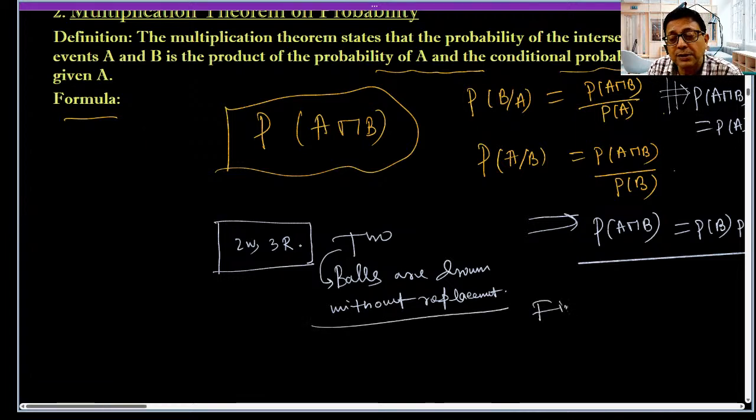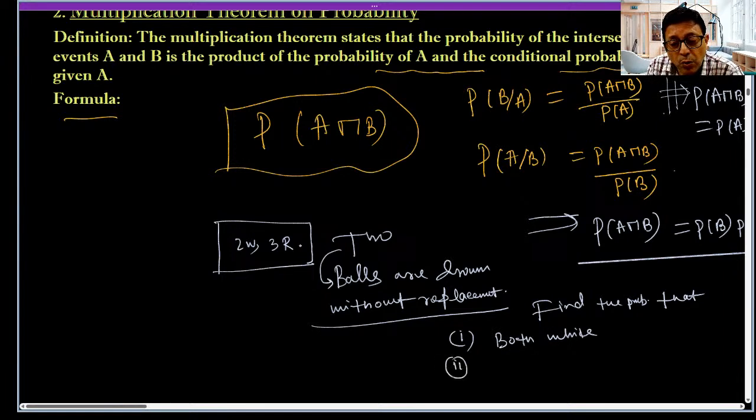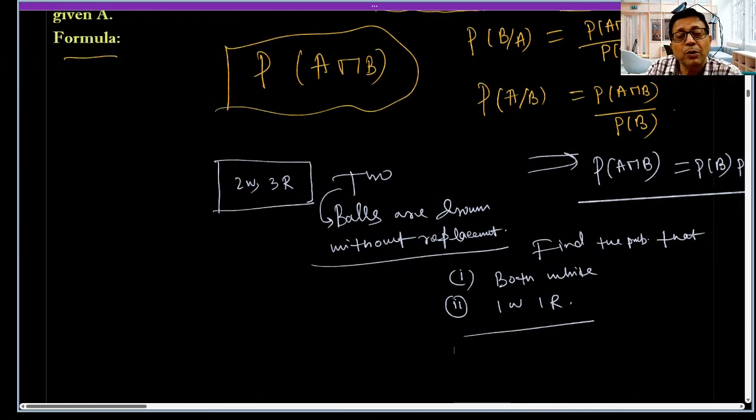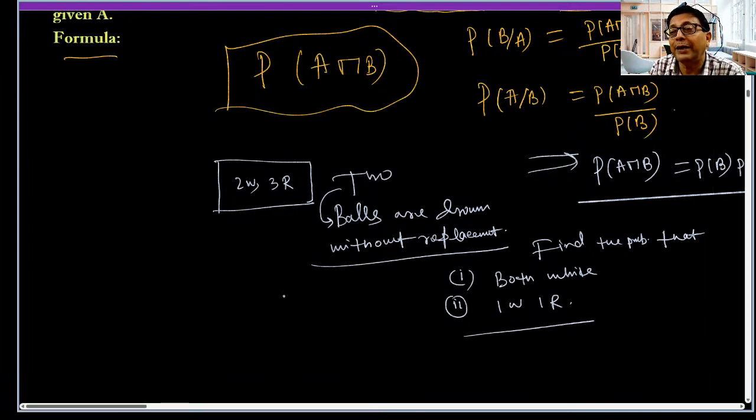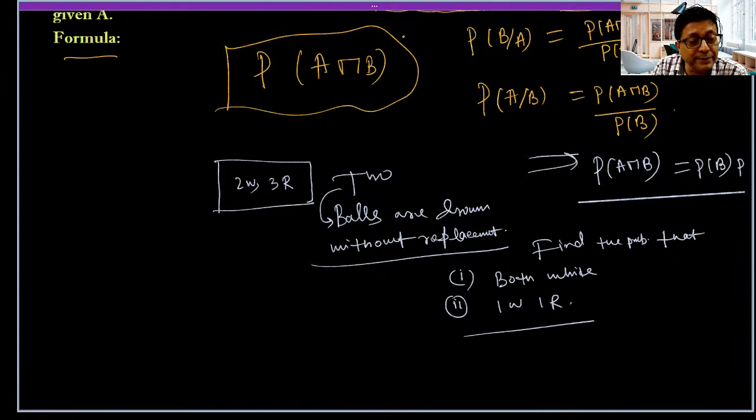Find the probability that number 1, both white, and number 2, one white one red. Both white means first draw white, second draw also white. We have to solve it with the help of the formula I have given there.